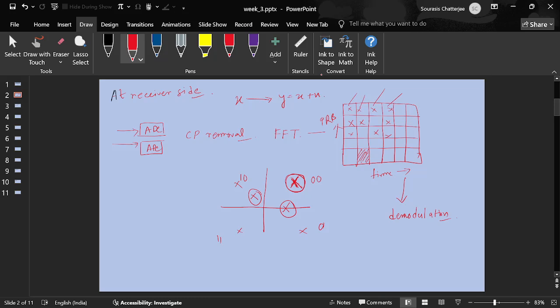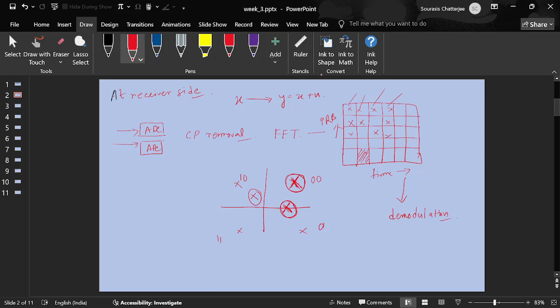So we already know that the received signal in the constellation diagram is moved elsewhere. Fine. Now how do we retrieve that? Anything you can think of? Let's say 00 is ideally here, but now I am receiving it as this. So how do I know that 00 is being transmitted?